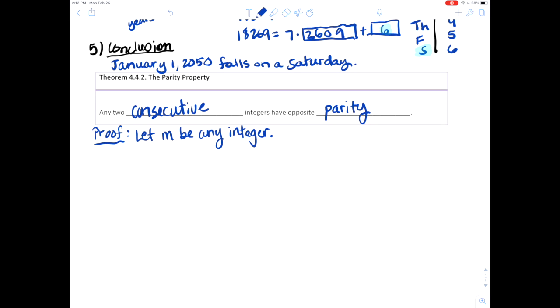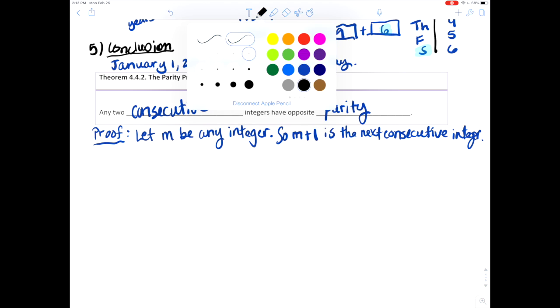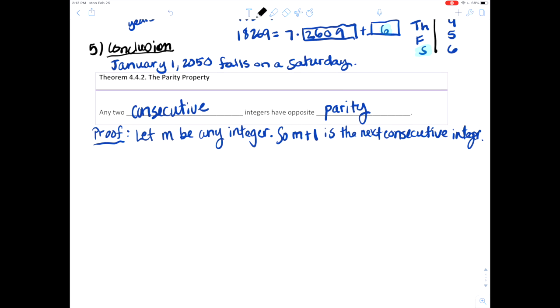So we'll write that in. m plus 1 is the next consecutive integer. All right. Aren't there different cases? I mean, you could start out with an even, or you could start out with an odd. So this is where we get into proof by division into cases.